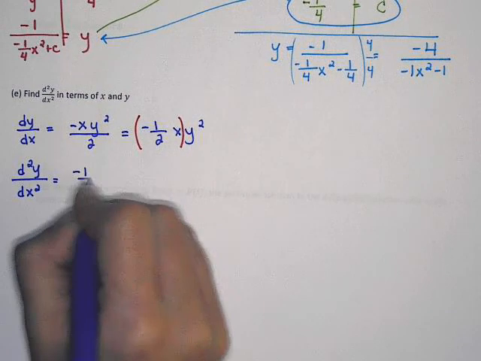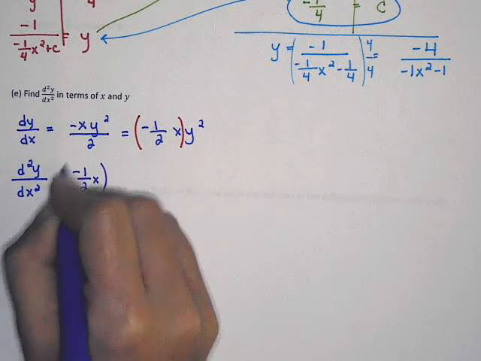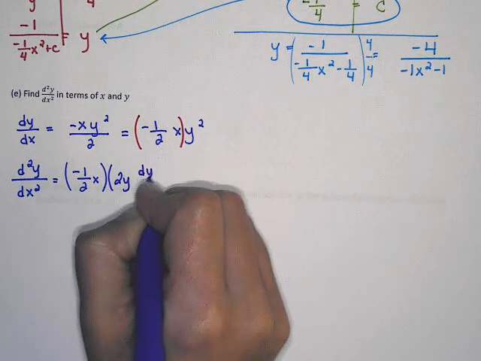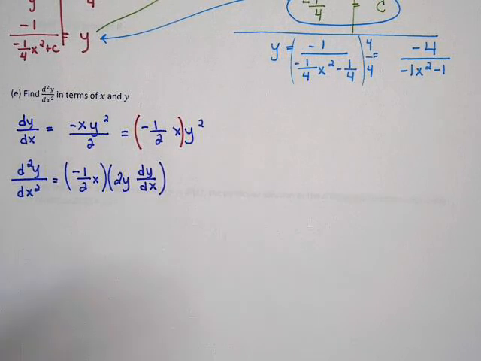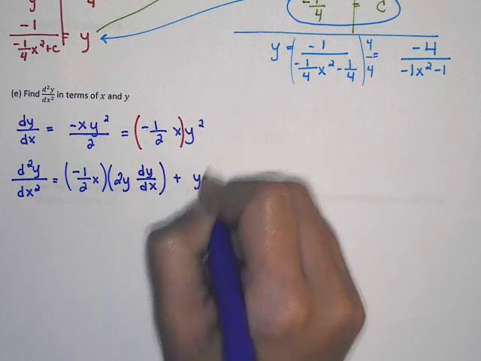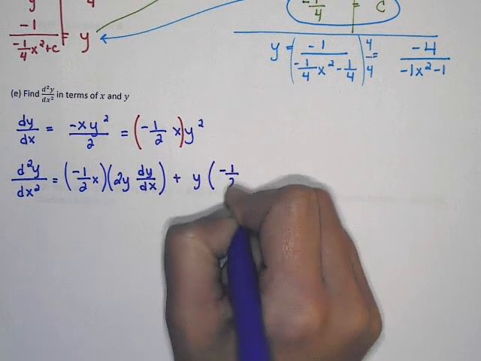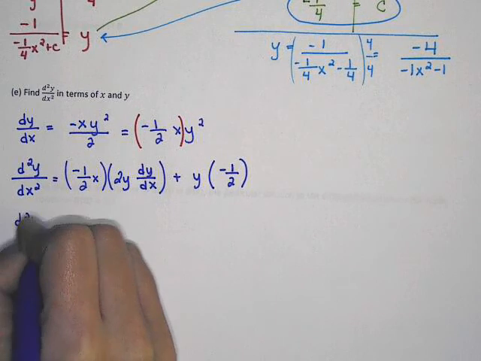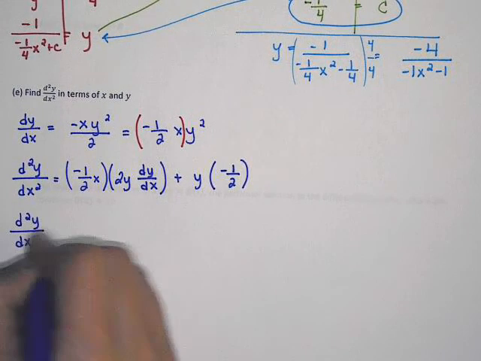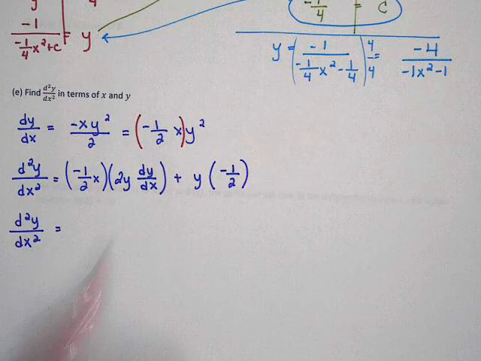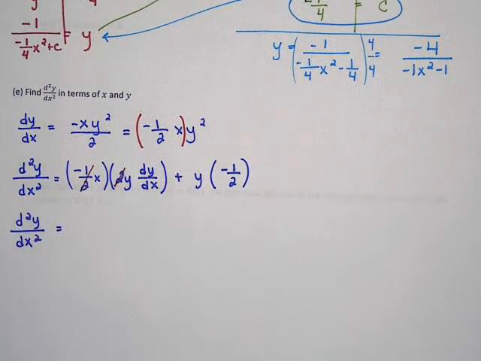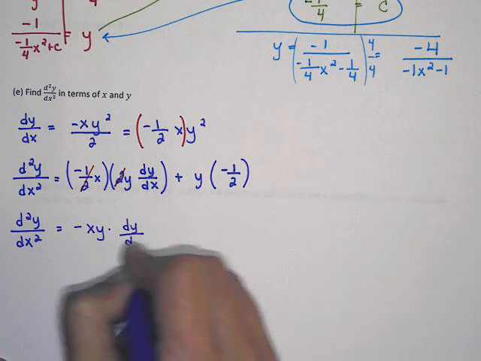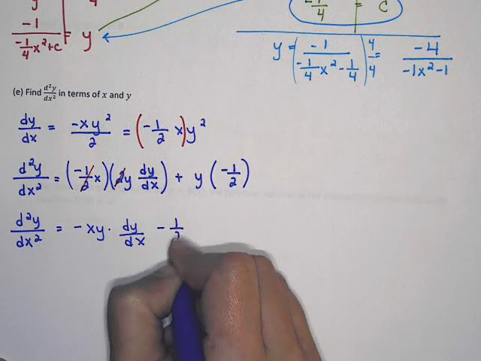I would do first times the derivative of the second, which would be 2y dy dx, plus second times the derivative of the first, which would be negative 1/2. And then I would simplify. So I would have d squared y over dx squared equals the negative 1/2 and the 2 cancel. So I would have negative x times y times dy over dx minus 1/2 times y.